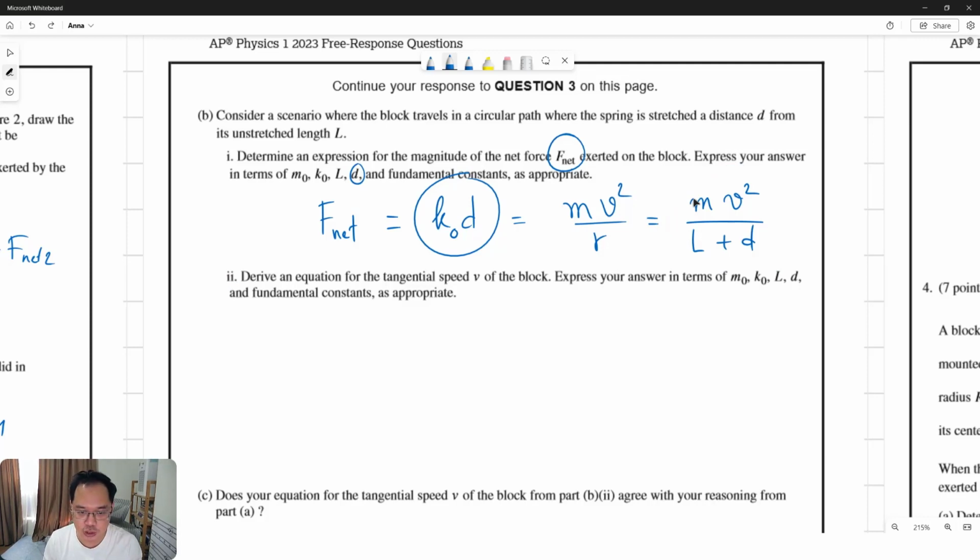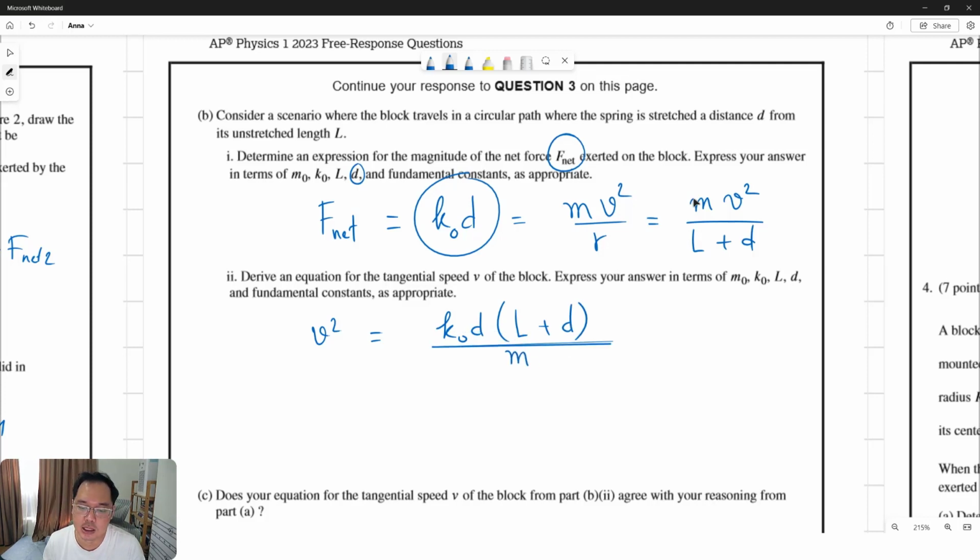Derive an expression for the tangential speed of the block. Express your answer in terms of m0, k0, L, d, and fundamental constants as appropriate. So we need to derive an expression for the speed of the object using this equation. From this equation, v squared will be equal to k0 d multiplied by the sum of L and the extension d, divided by the mass.